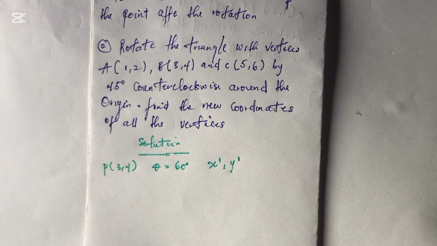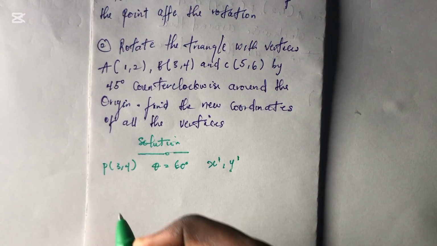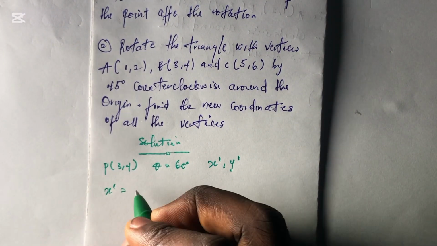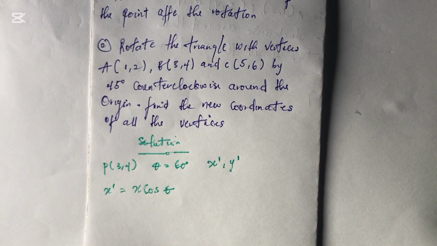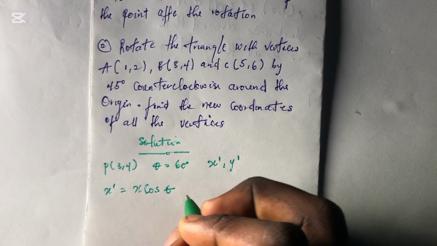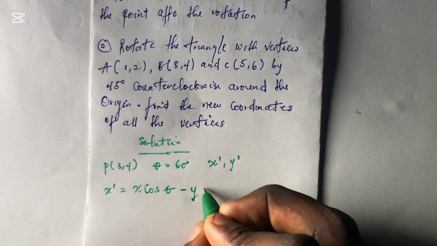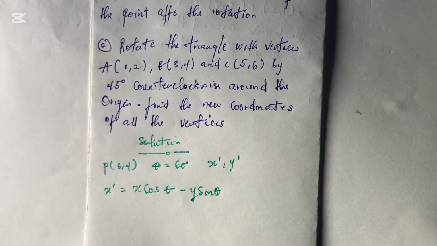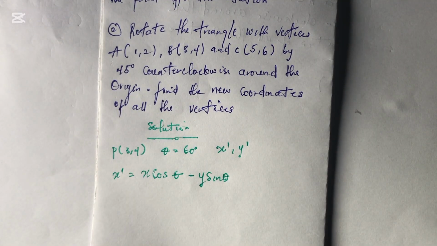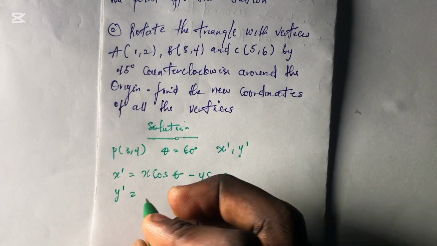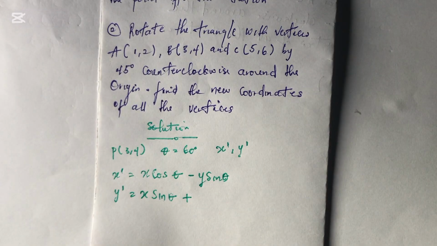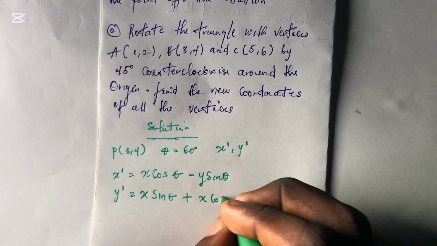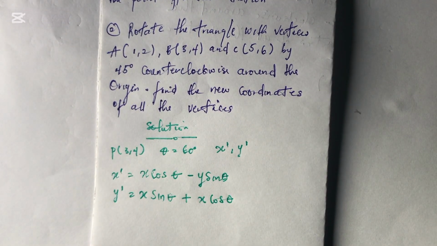Remember that the formula is given by x prime equals x cos theta, negative y sin theta, and y prime equals x sin theta, and positive y cos theta. Alright, so this is how the formula is.